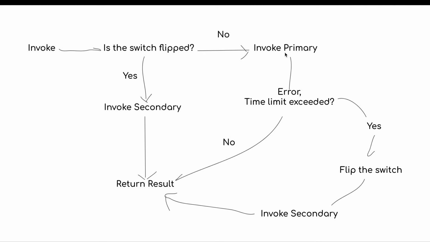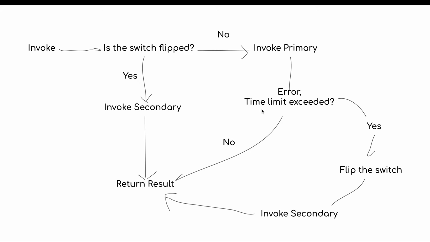So it has to invoke the primary. It has to check if the primary results in an error, or if the time limit that's allotted for the primary to come back is exceeded. If either of these conditions occur, that means the primary is at fault.